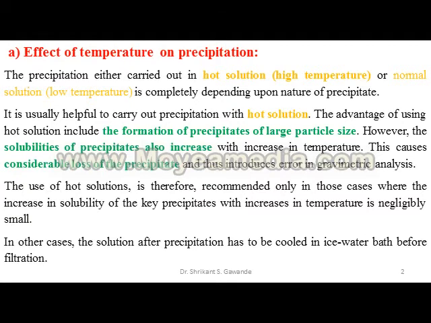In other cases, the solution after precipitation has to be cooled in an ice water bath before filtering.